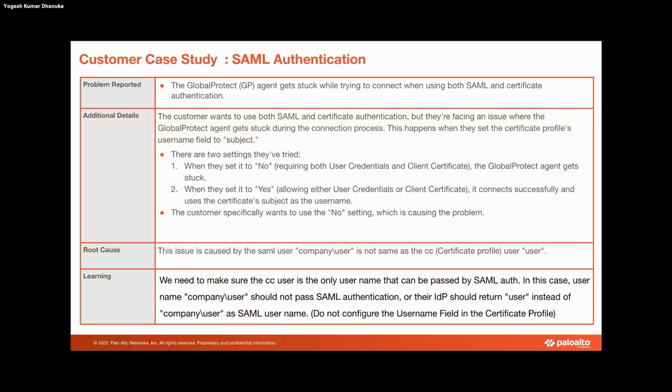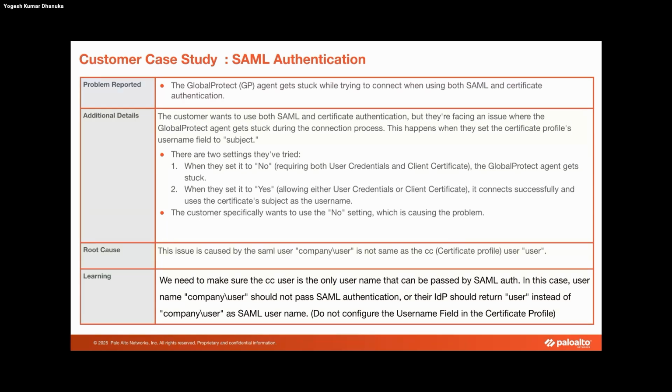When the IDP does the authentication, it returns the user, which is either UPN or, let's say, company/user format. But if you are using a client certificate and the certificate also has a subject field, and within that subject field you have a username defined in either format, the GP will also extract the username from there.